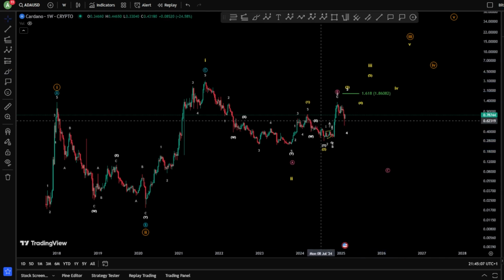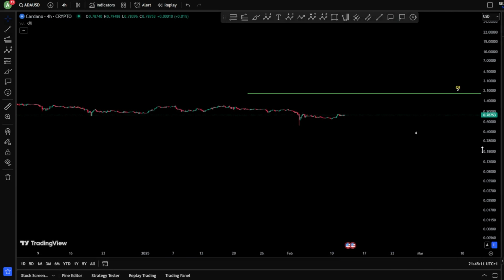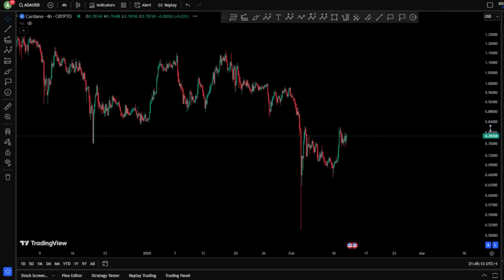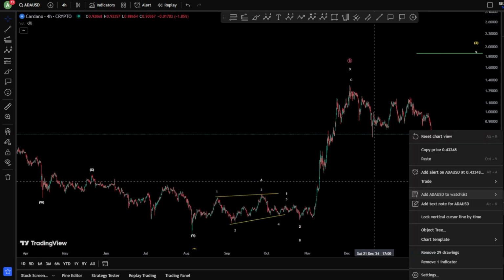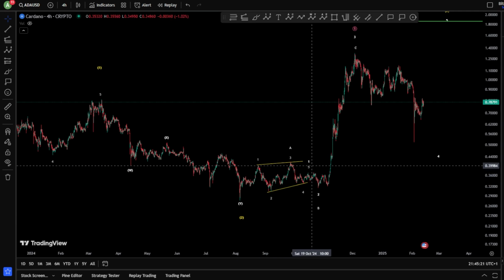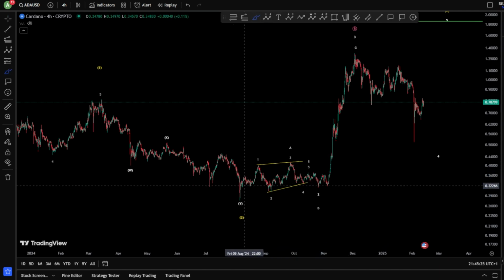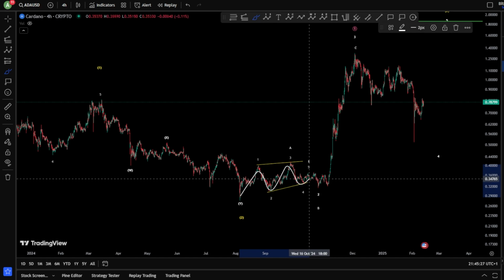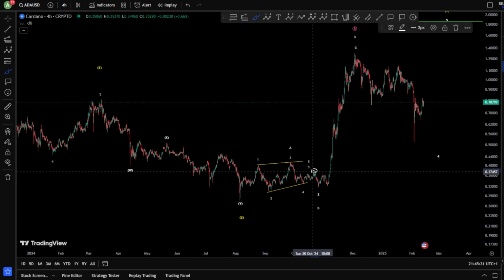A quick overview on the 4-hour chart here to see what's going on inside this area where we are still looking to finish an impulse toward the upside. As you can see, we have here a kind of a leading diagonal 1, 2, 3, 4, and a 5. Now your wave 5 is very truncated here for your diagonal, which, you know me, I don't like it when it is very short.